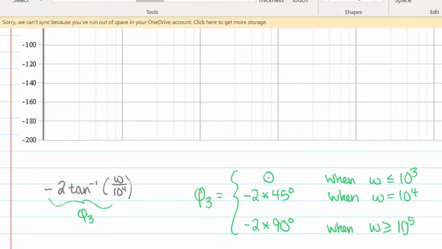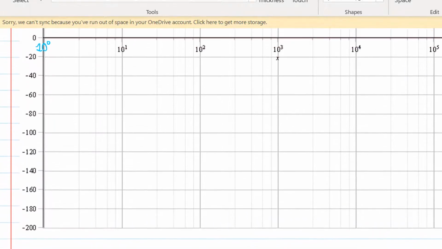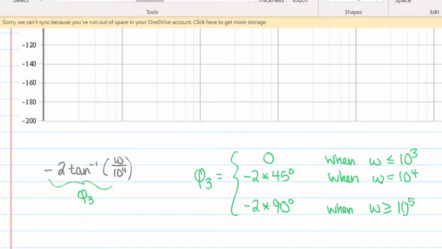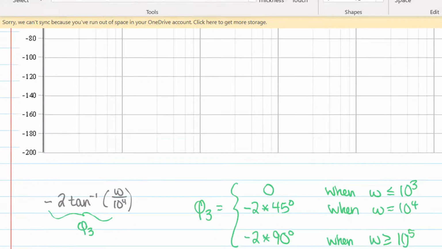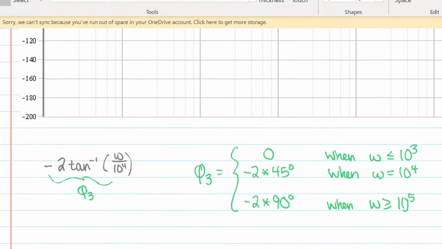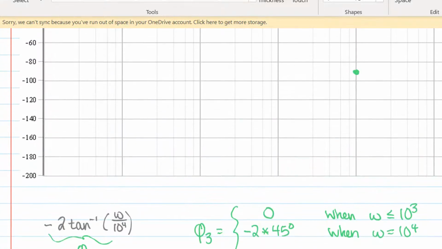Okay, so it's 0 until 10 to the 3rd. And then when omega is 10 to the fourth, we're at negative 90. So here's 10 to the fourth, negative 90. And then starting at 10 to the fifth, we're negative 2 times 90, which would be negative 180.